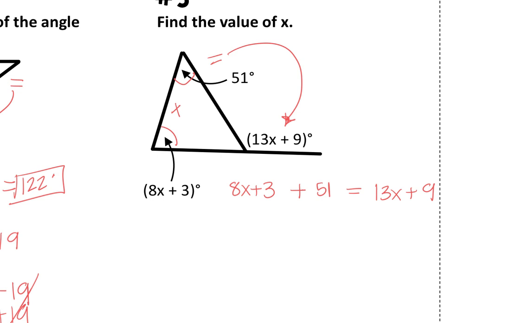Make sure before you start moving things around that you have combined like terms on each side of the equation. So 3 and 51 need to be combined. Nothing else can be combined on the left and nothing else can be combined on the right. So that's the only thing that I need to add together. You can use your calculator, but it should give you 8x plus 54 equals 13x plus 9.